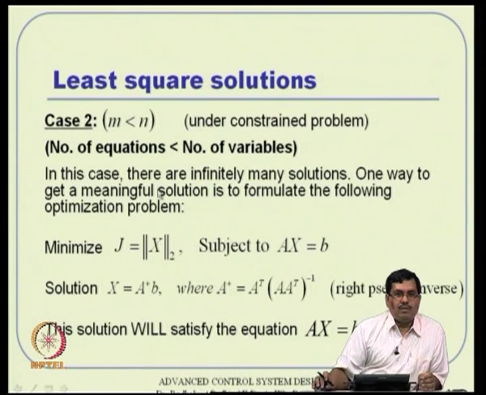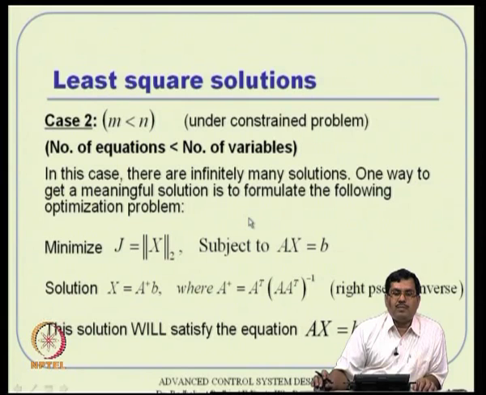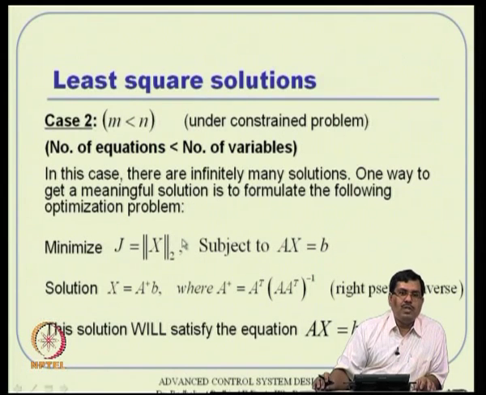Okay. So, out of these infinitely many solutions, you can try to find a solution in various ways. Sometimes we force some of the components to 0 and then find a solution for the rest of the things, that is possible. One other way is to find a norm minimizing solution.